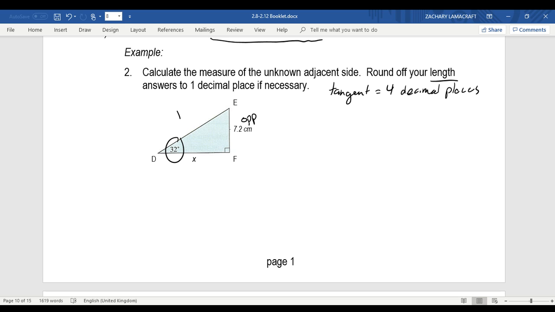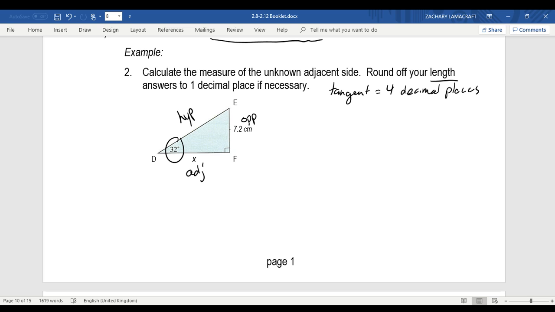D to E. And then finally, our adjacent side, x, or D to F, right? Awesome. So again, we're doing nothing different than we did the other day when we first set these up. We find our angle in question. Sometimes it will have a little x or a little circle or a little check mark. But in this case, we're given those angles, so we know it's there. And then we just fill out the rest of the triangle.